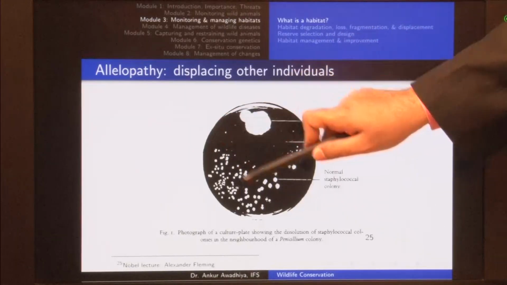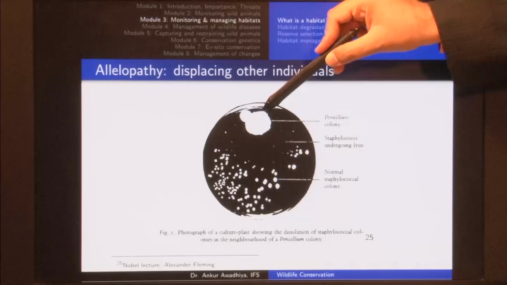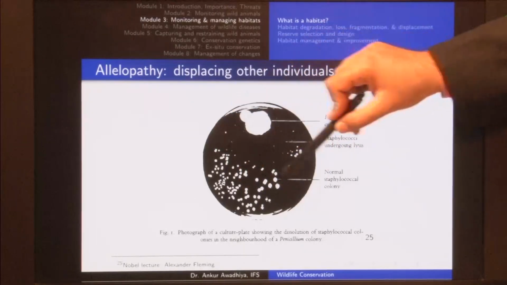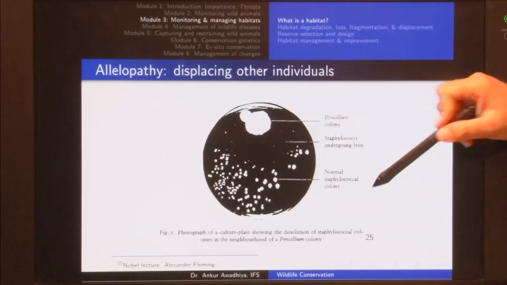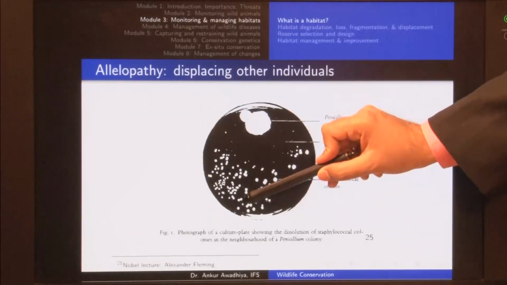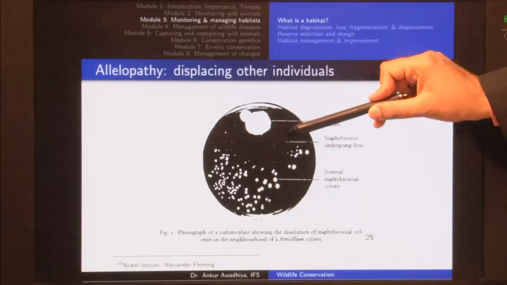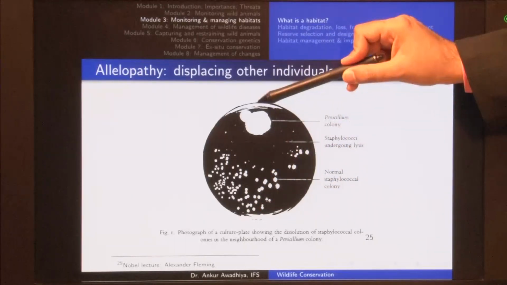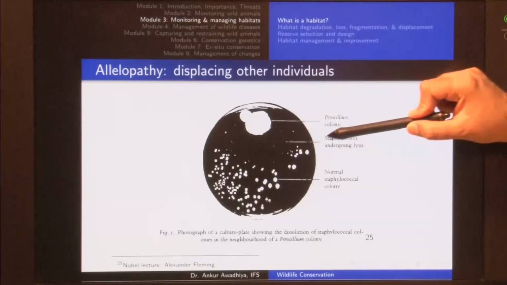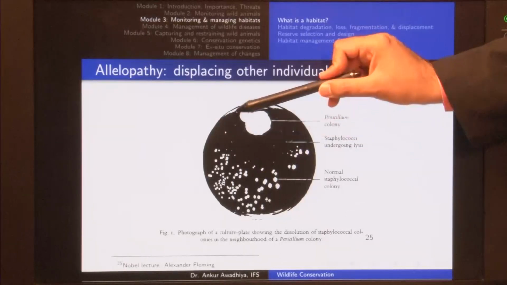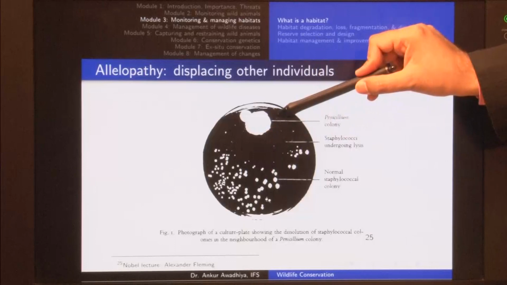So here we have a culture medium on a plate, here we have a penicillin colony, and the whole plate was streaked with staphylococci bacteria. We can see that in the far off areas we have larger colonies of the bacterium, but as we go closer to the penicillium colony, we find that the staphylococci are dying out, and there is a distinct zone of inhibition in this area.